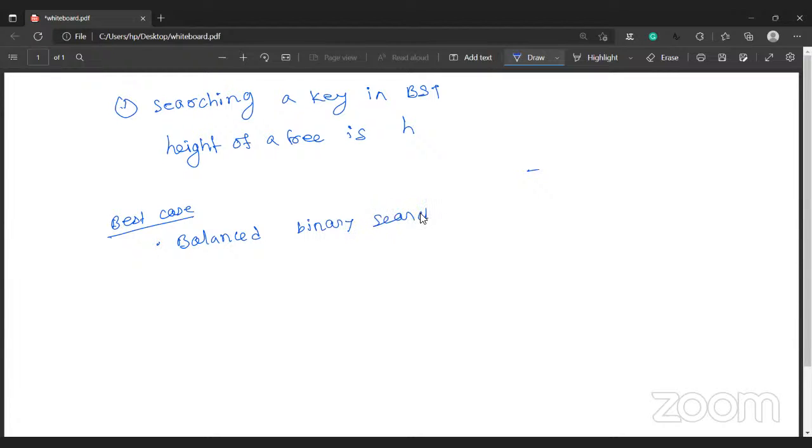If there is a balanced binary search tree, suppose, let's take one example.